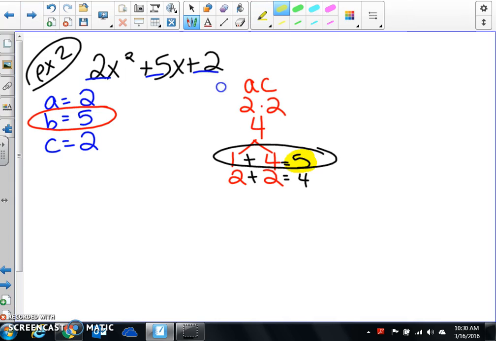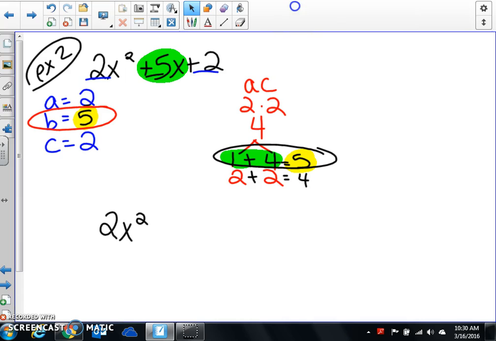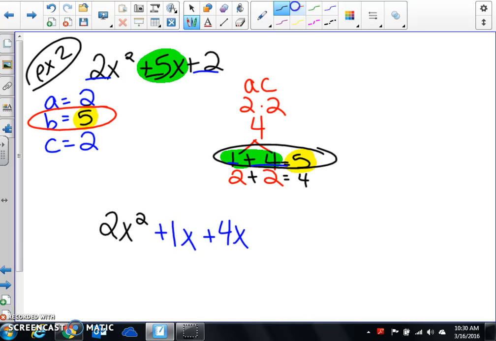Because I want this to equal this. All right, so now I'm going to substitute out this 5x for these factors. So I rewrite my 2x squared, and then I'm subbing out for these. So plus 1x plus 4x, and then drop down your plus 2.